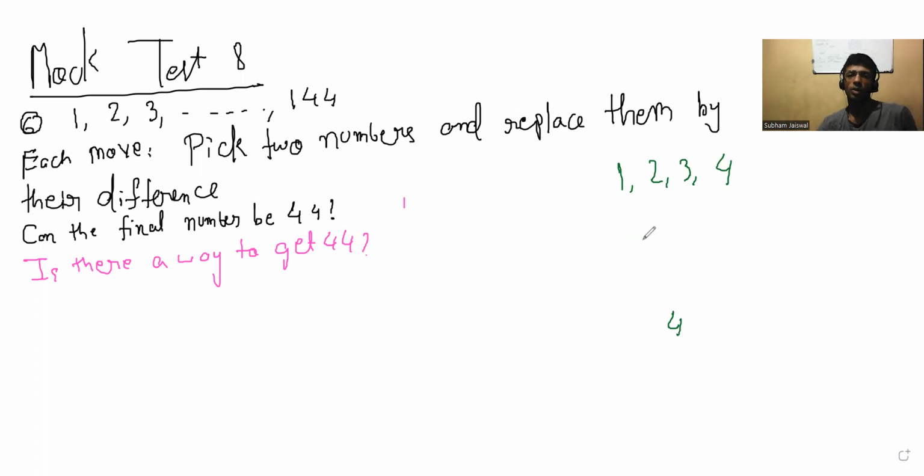Anyone else? Come on. You do 3 minus 2 to get 1, then 4 minus 1, then 1 minus 1 to get 0, then 4 minus 0. So you see, all the even numbers are possible.